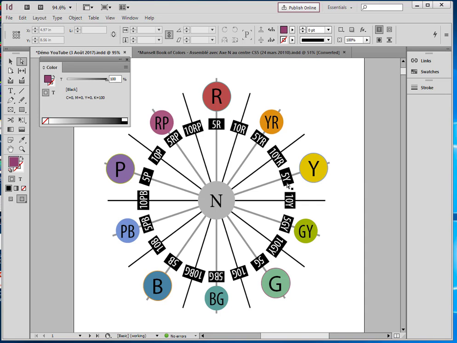You can see here I am on 5Y, which is always the maximum. The number 5 is always the maximum of each hue. So the purple is the maximum, blue is the maximum here of this primary. I know it looks greenish, but that's considered blue in Mr. Munsell's system, and so on and so forth.